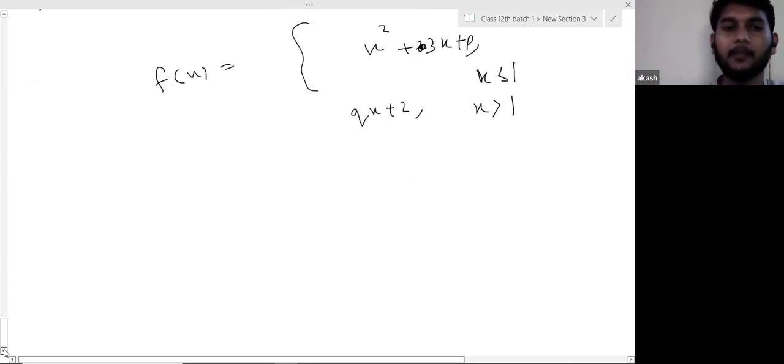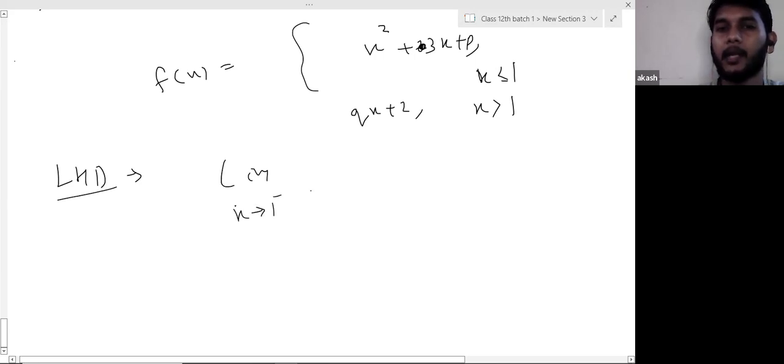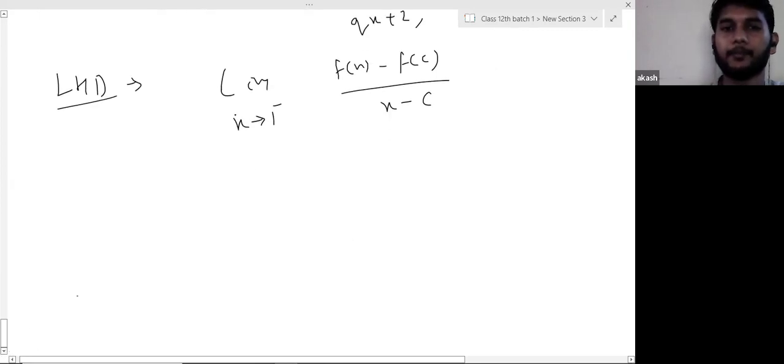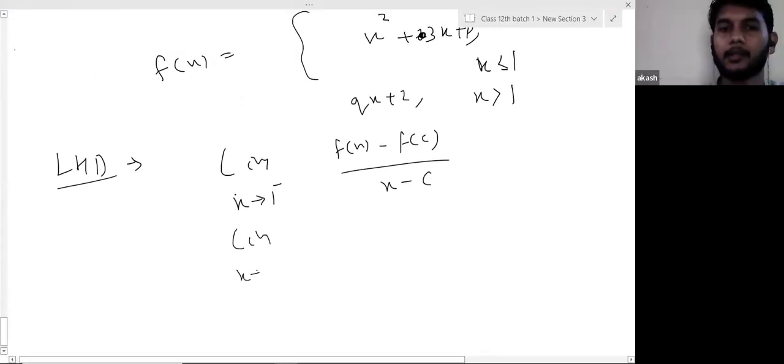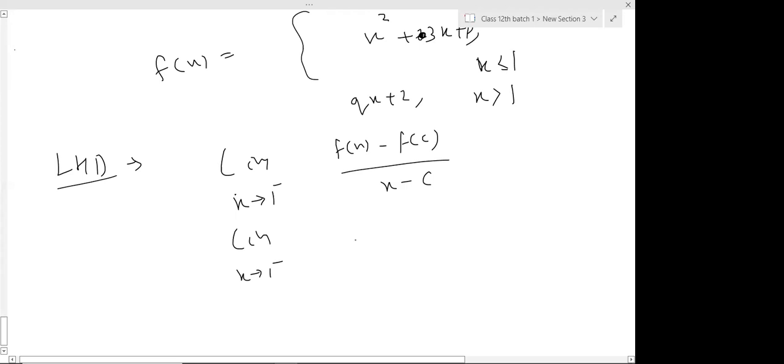So Krishna, if this is differentiable, that means LHD must be equal to RHD. So let's find LHD. LHD will be limit x tending to 1 minus, f of x minus f of c upon x minus c, right? Yes, sir. All right. So limit x tending to 1 minus, what will be f of x here? x square plus 3x plus p.